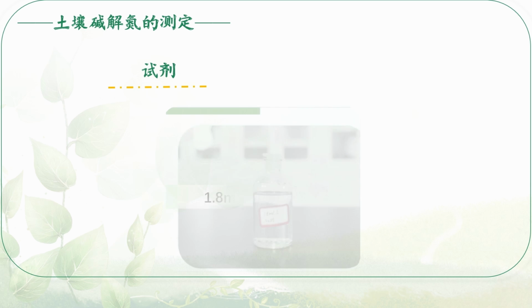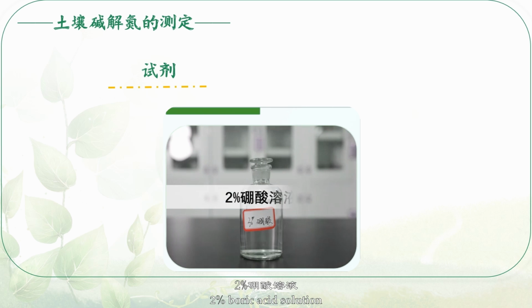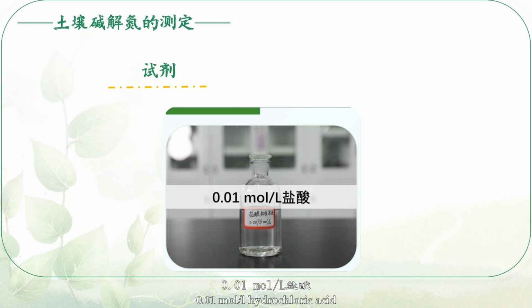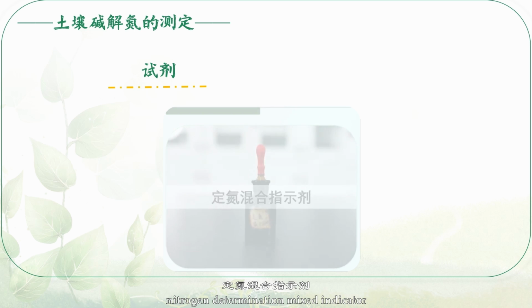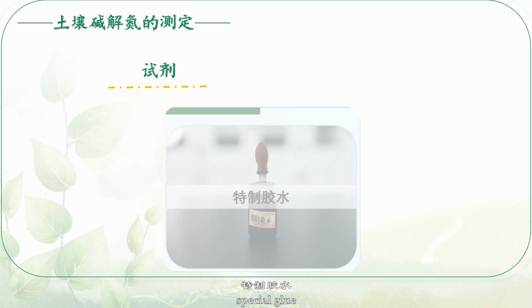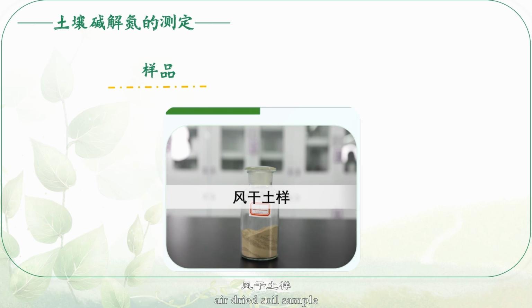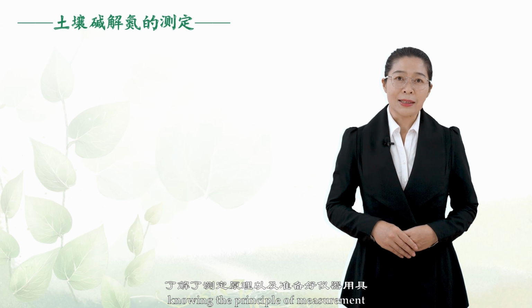Reagents: 0.8 moles per liter sodium hydroxide, 2% boric acid solution, 0.01 moles per liter hydrochloric acid, nitrogen determination mixed indicator, special glue, ferrous sulfate powder. 3. Samples: air-dried soil sample.